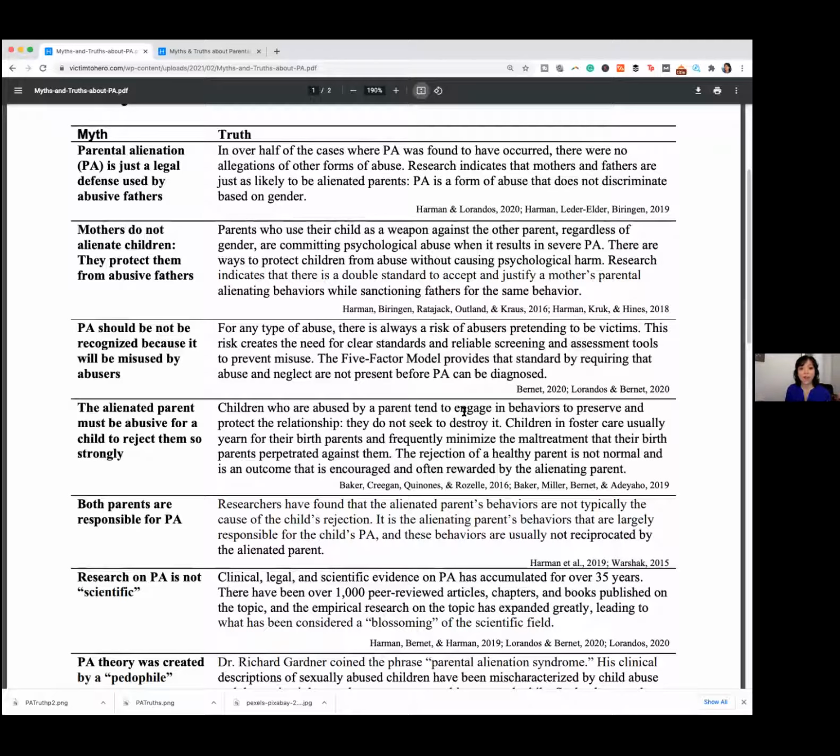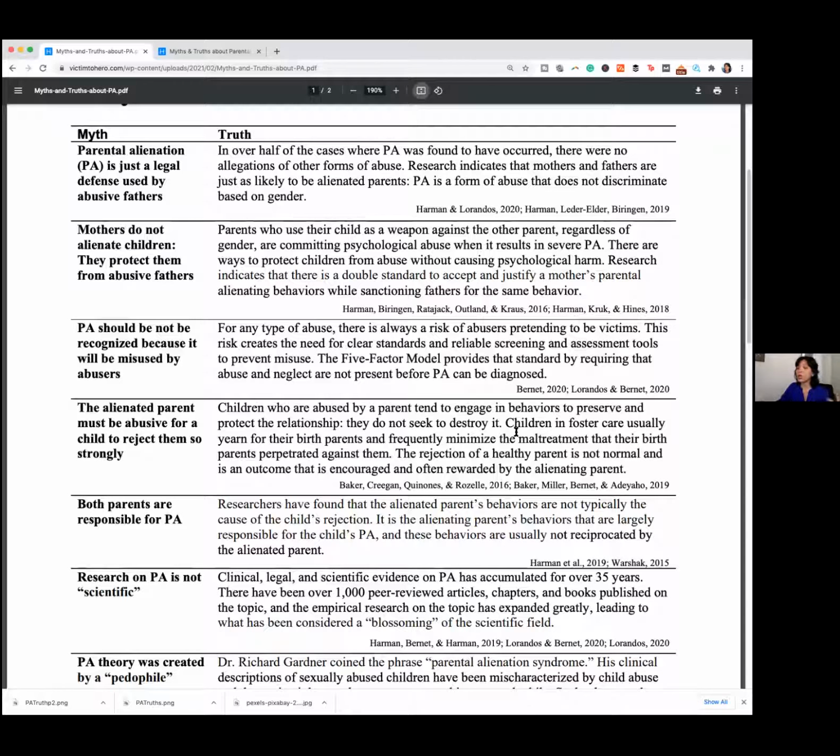When a parent abuses a child, very often the child ends up more attached to that parent, takes on the goals and objectives of that parent, and feels like they deserve to be treated poorly or abused. So when you see a child rejecting a parent, it's not because that parent is abusive to the child.